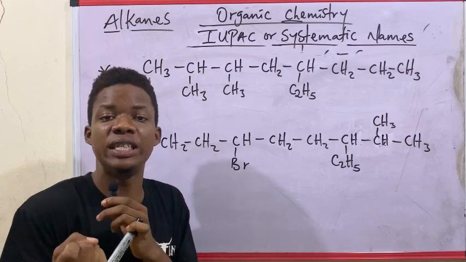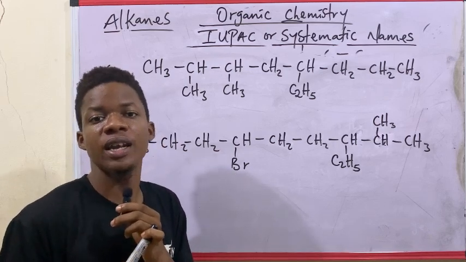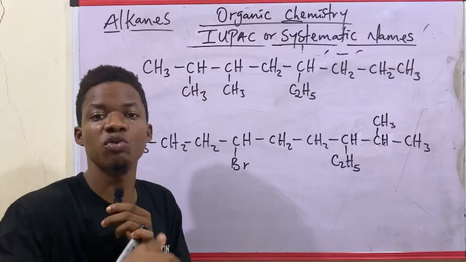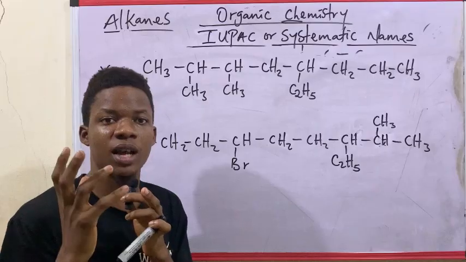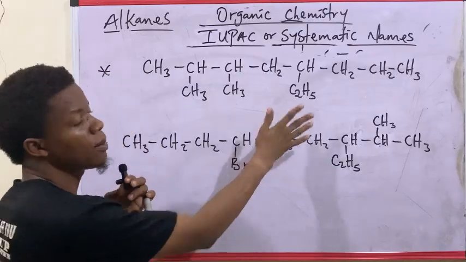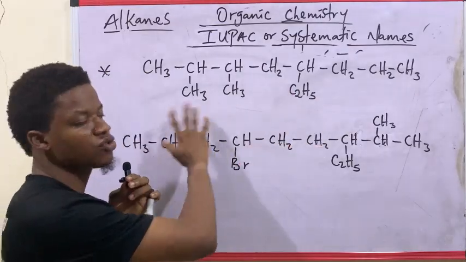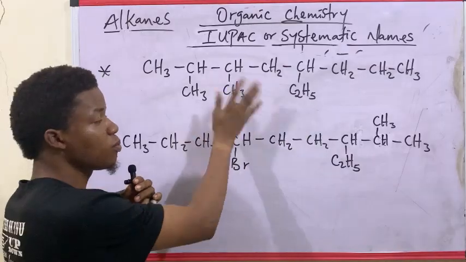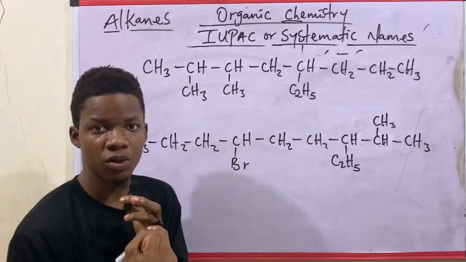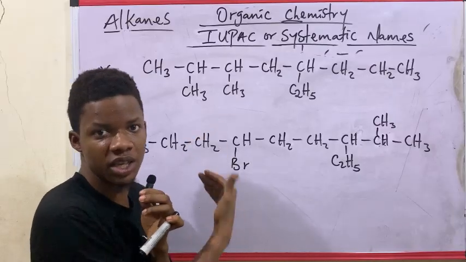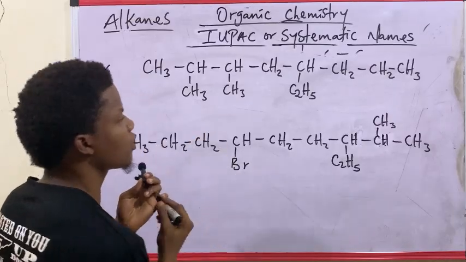They can give you a condensed structure, a question that is packed, and ask you to name that compound. Like these questions now, this is an open chain structure, but in exam conditions they are going to condense the structure, right? And I'll show you examples of those condensed structures. But let's first of all fix this.